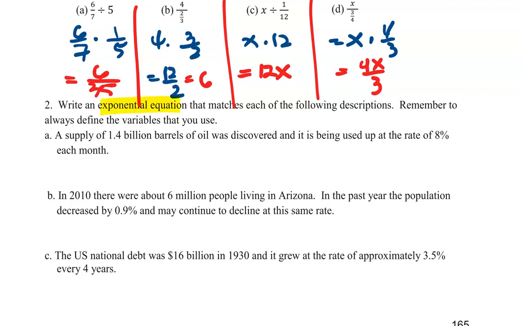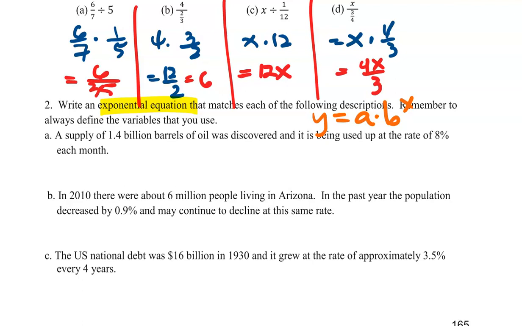Number 2, write an exponential equation that matches each of the following descriptions. Remember to always define the variables that you use. So just to recall, an exponential equation is in the form of y is equal to a times b raised to x. Letter A, a supply of 1.4 billion barrels of oil was discovered, and it is being used up at a rate of 8% each month.